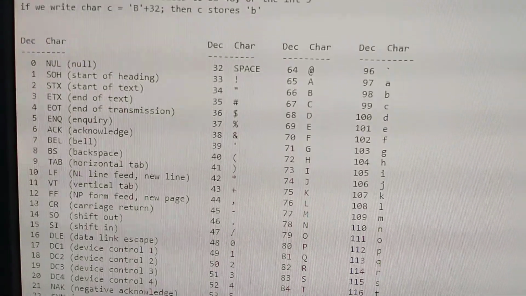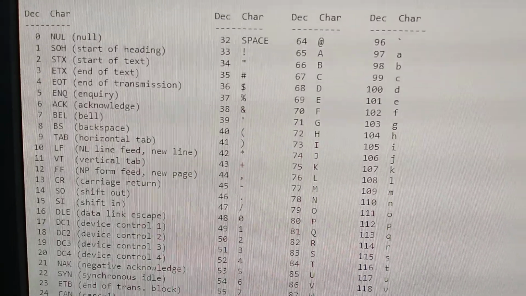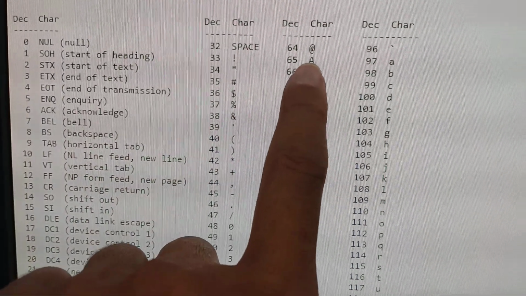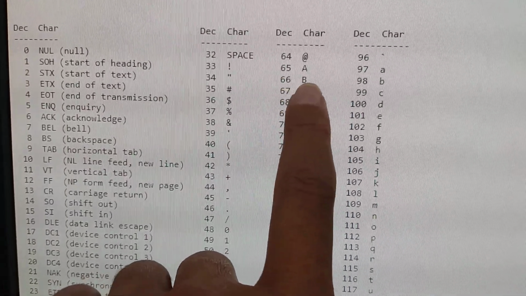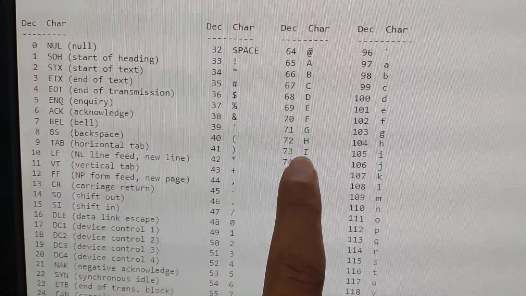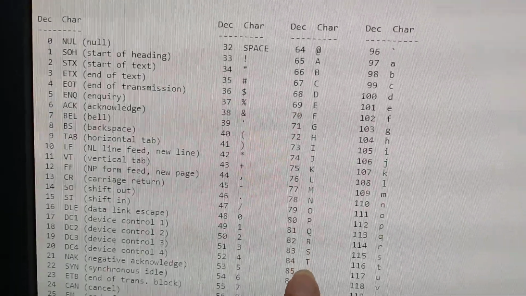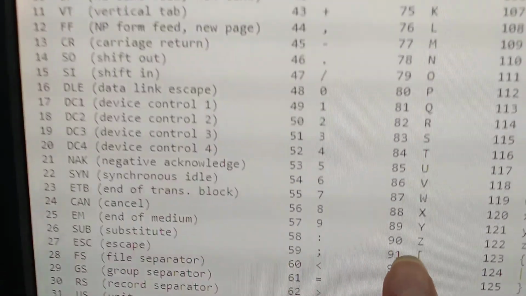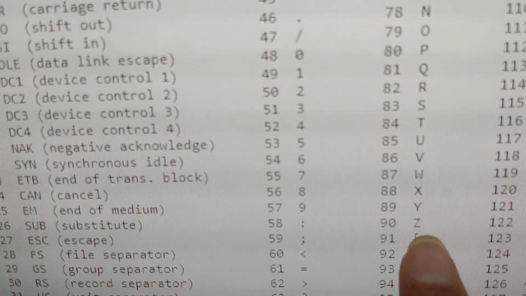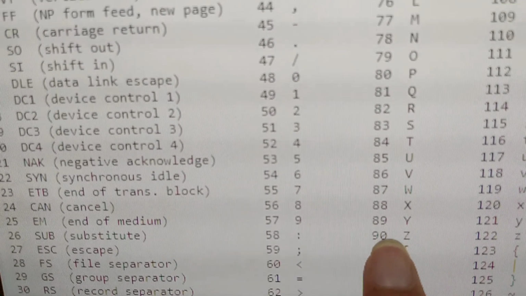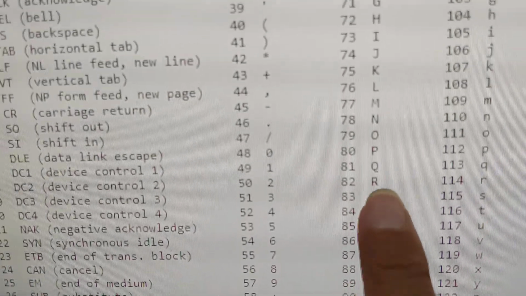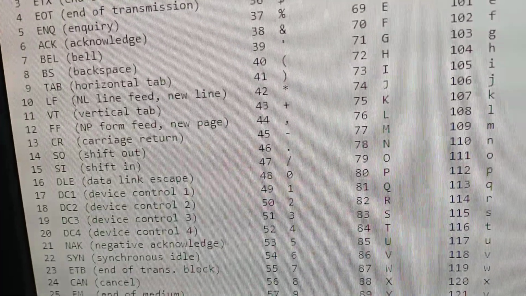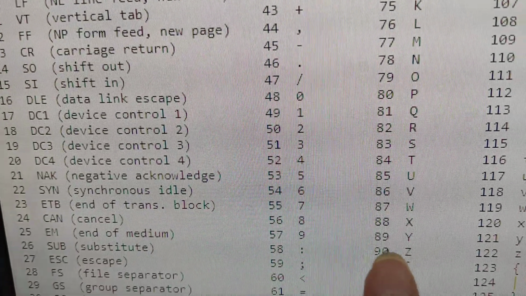Capital A is at 65, then 66 for B, going through capital A to Z. Z is the last character, at 90. So capital A starts from 65 and the last capital Z ends at 90.